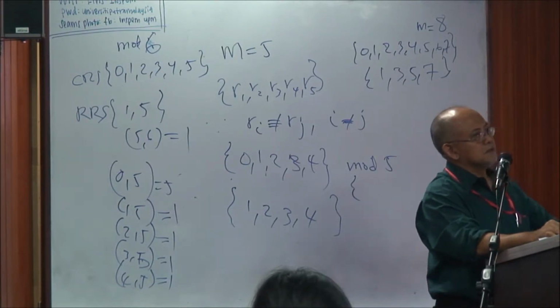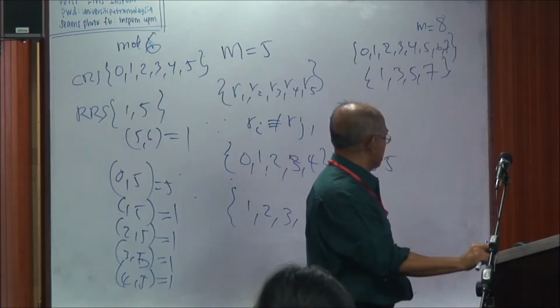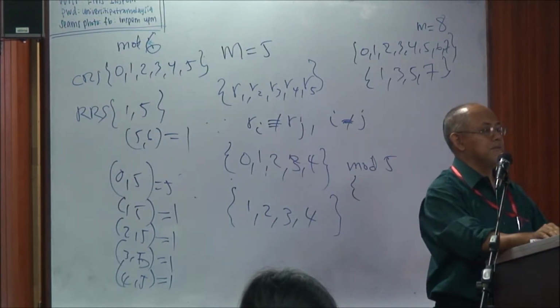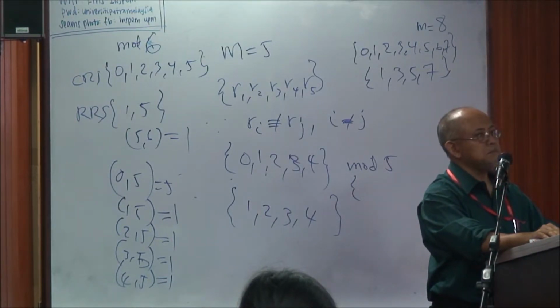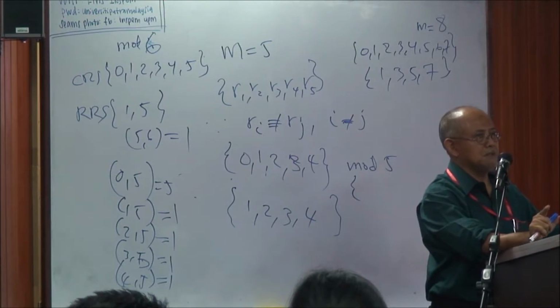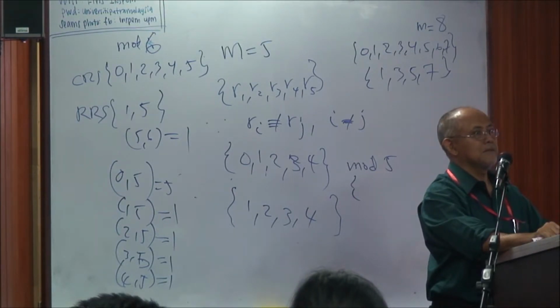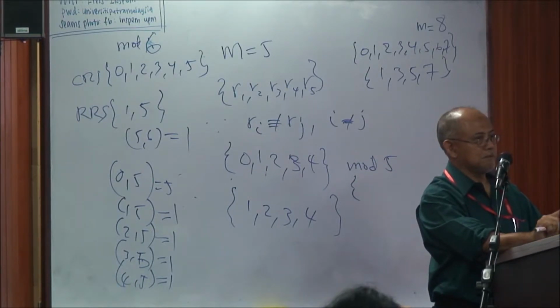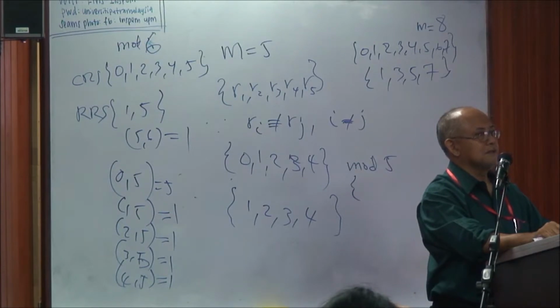So how do we decide the number of elements in the reduced residue system? Do you have to calculate every time the GCD of each integer with m? Or is there a special way of calculating it?